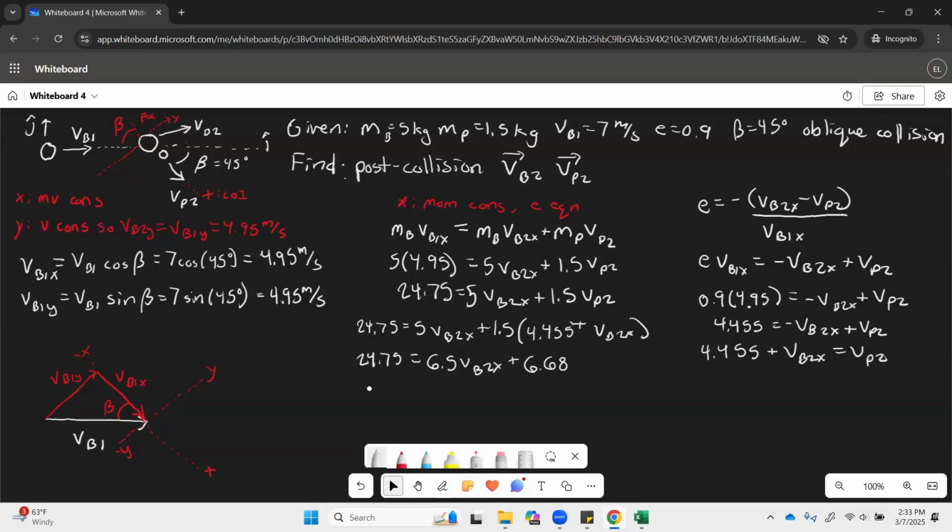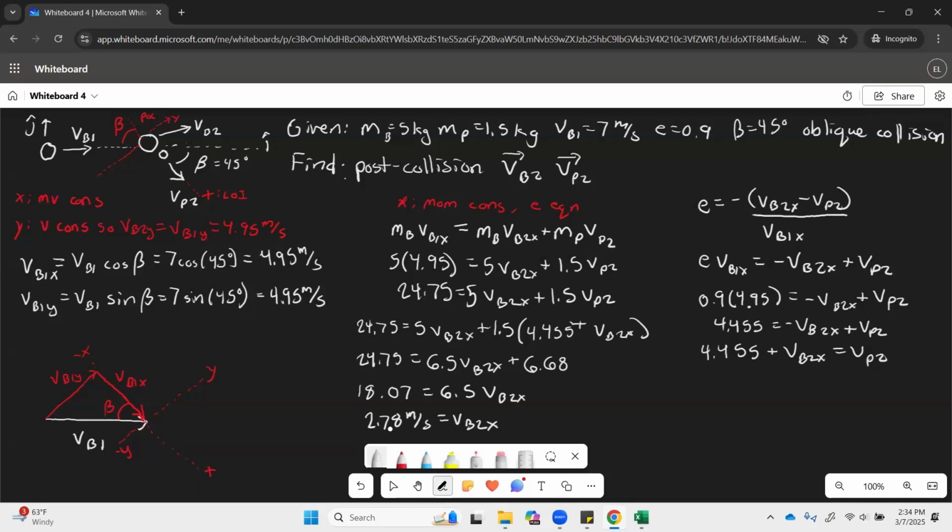Okay, so rearranging now, then we get 18.07 equals 6.5 VB2x. Good. Okay, so a lot of people got that. Very good.